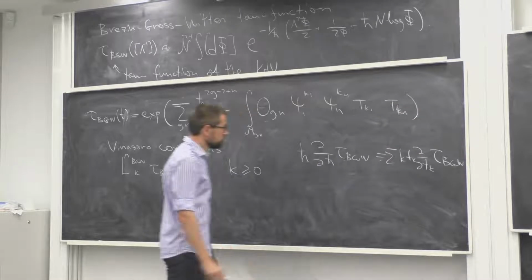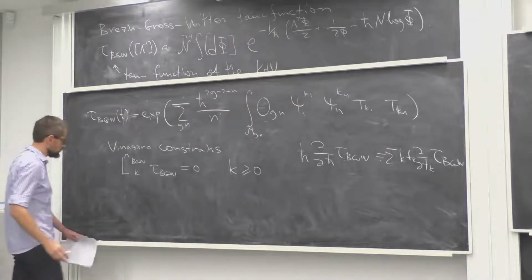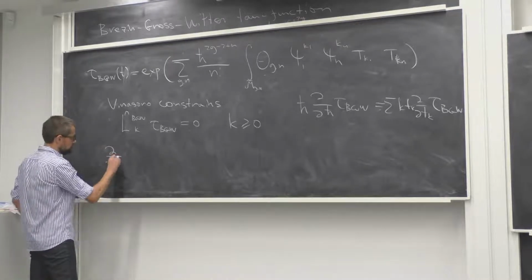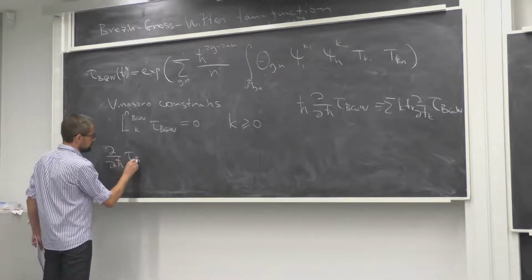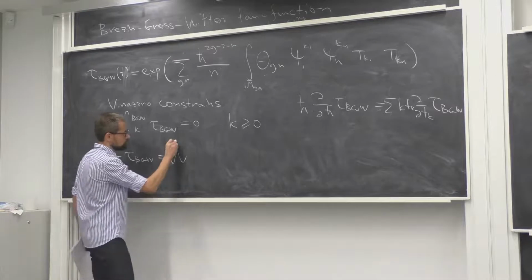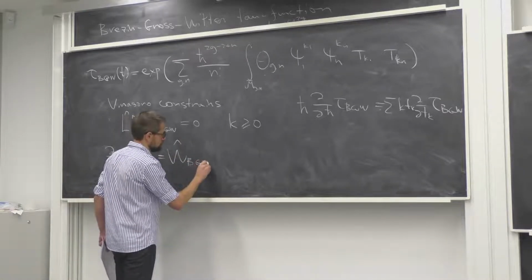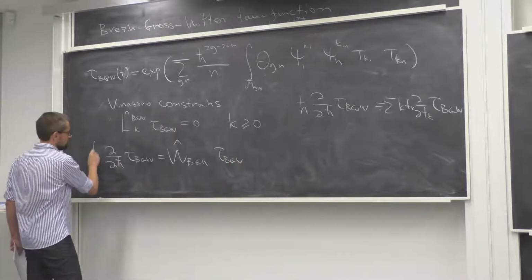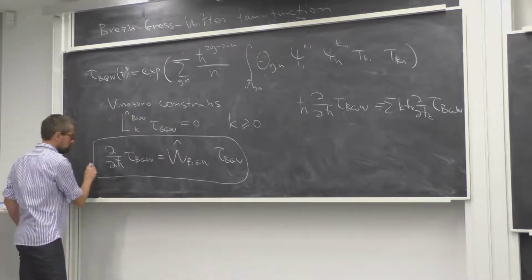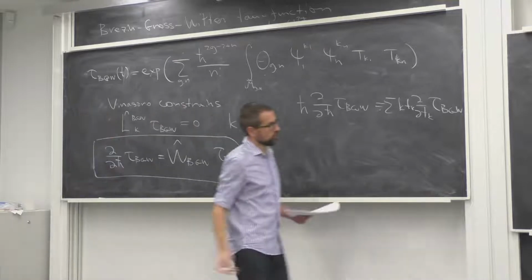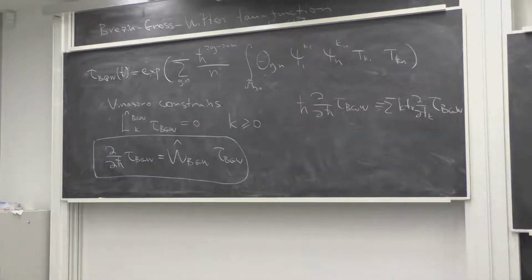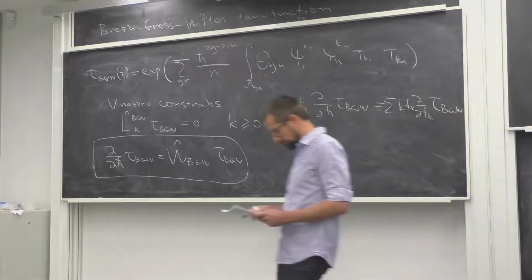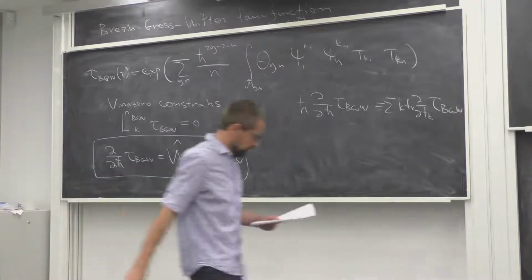So again, we solve these constraints in the same form, and we get an equation of the same form, where this operator is somehow simpler than the previous operator.